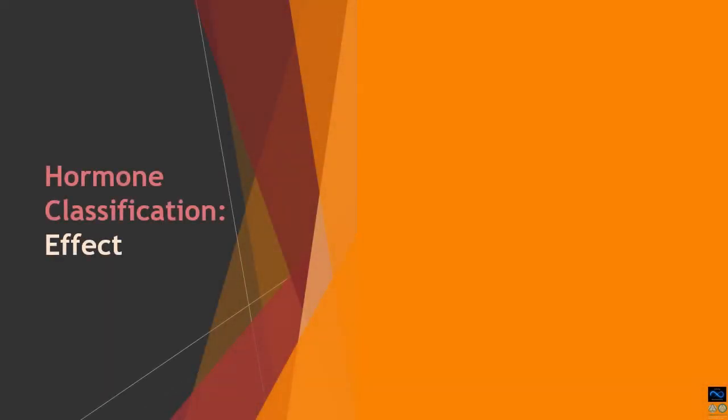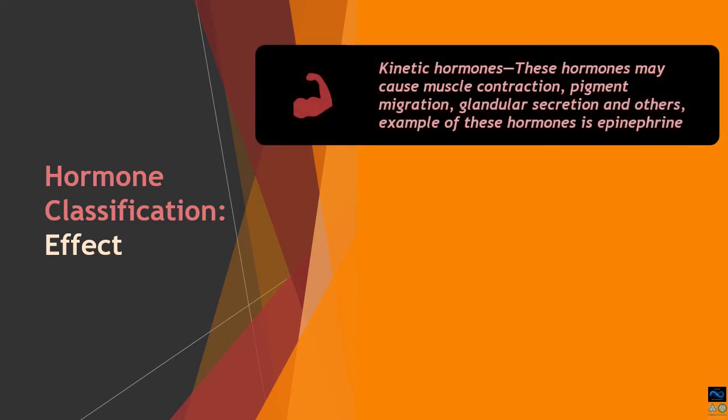Second important classification is based upon the hormone effect in the body, and it is characterized in three different ways. First is the hormones which are responsible for the kinetic conditions. Like these hormones may cause muscle contraction, pigment migration, glandular secretion, etc. For example, the hormone epinephrine suits the bill here.